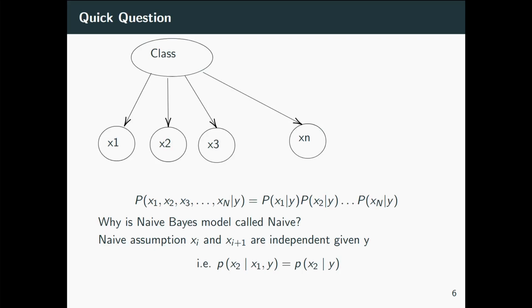Now pause for a moment, and think about the validity of this assumption. Let's say you're given a class spam, and this will have various words. Think about the different words you would identify with a spam email. It would be price, money, important, lucky, and so on and so forth.